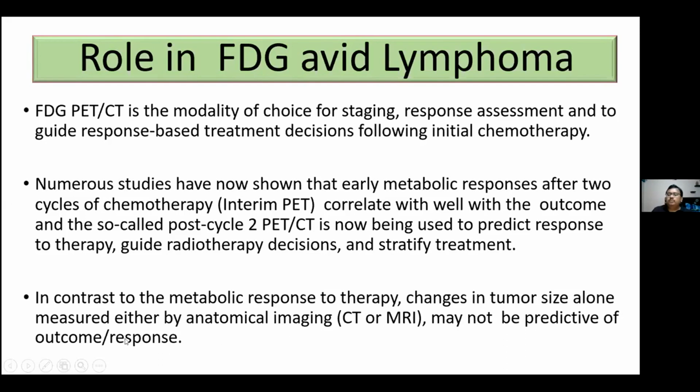So the tumor may not shrink that much in size, but when you see a significant reduction in the FDG uptake, when you see a complete reduction in the FDG uptake, you are very sure that this tumor is responding to the chemotherapy, which may not be seen just on anatomical imaging. Now we have both. When we do a PET CT, we have CT as well as PET, so we are able to decide on the response.